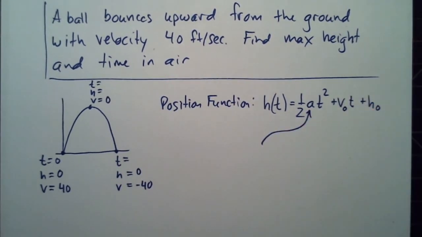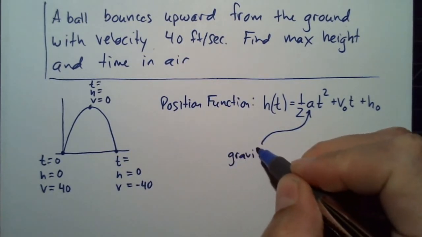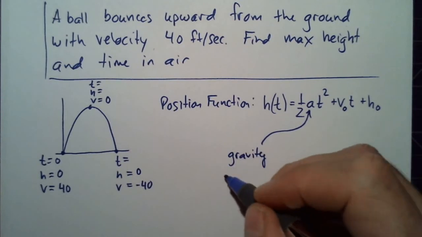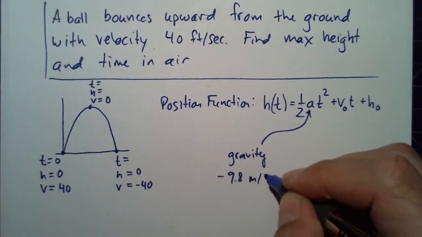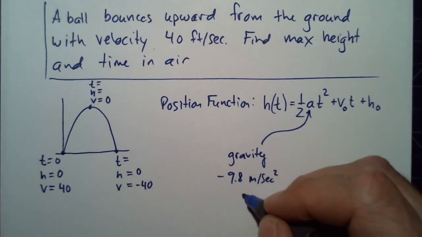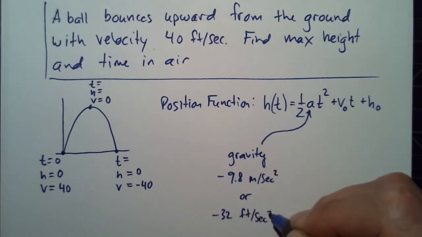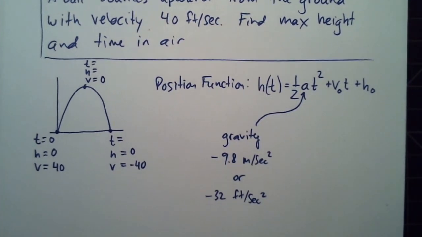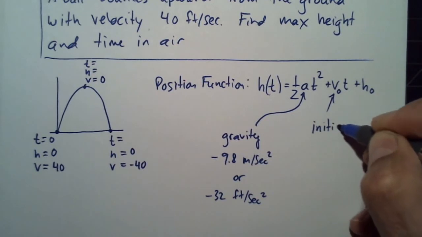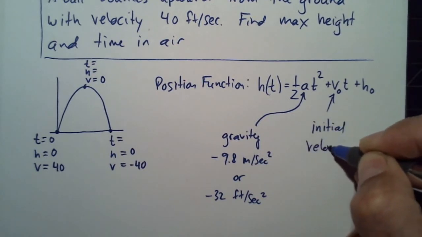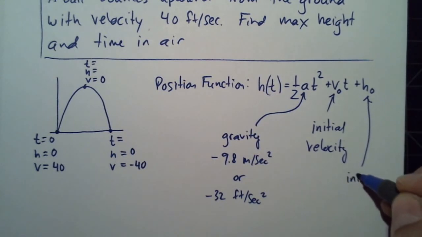That's gravitational acceleration, and that will be negative 9.8 meters per second squared, or negative 32 feet per second squared. Initial velocity, initial height.